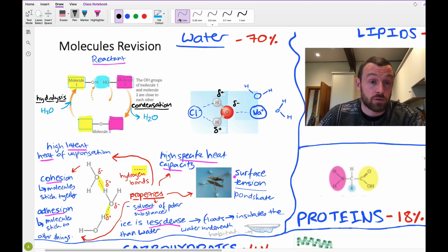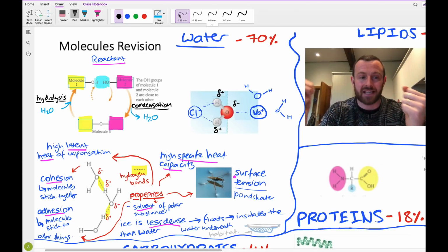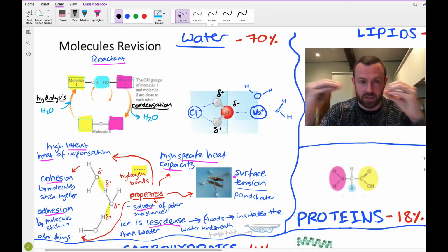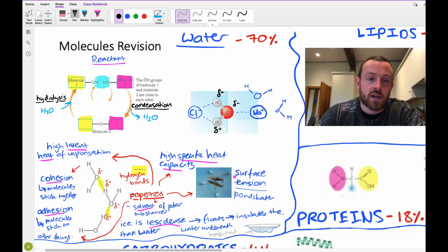Sometimes in practical biology, you need to split molecules by doing hydrolysis. The example I'm thinking of is splitting a disaccharide into two monosaccharides, and it's not good enough just to put the disaccharide, for example sucrose, into water. You normally have to use a catalyst.